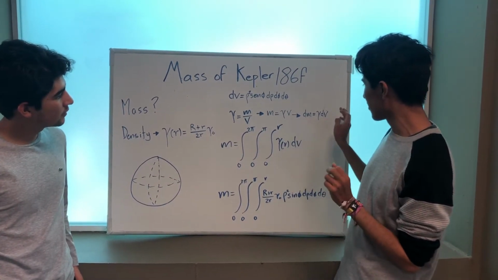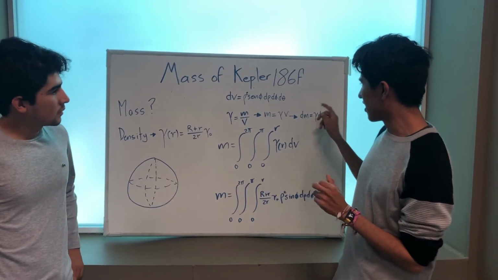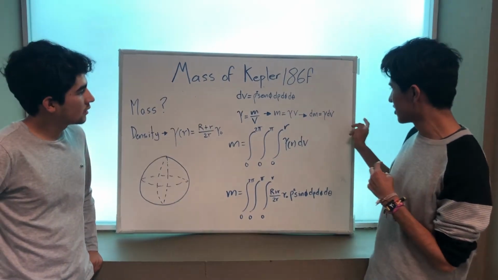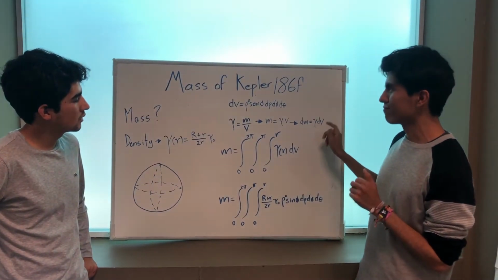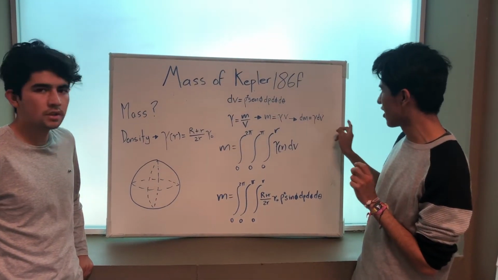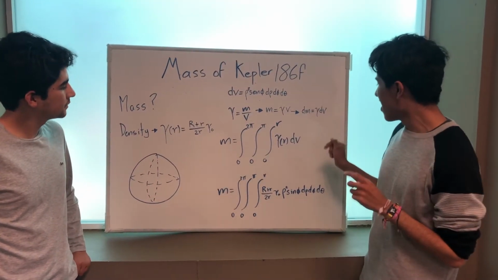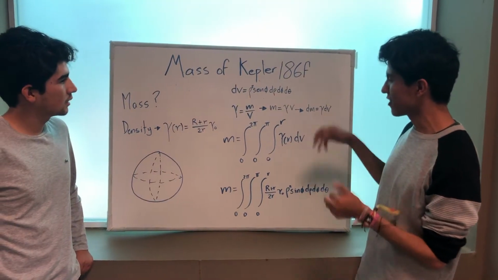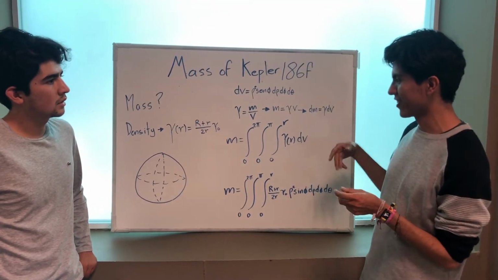In this way, we know that the differential of mass is density times the differential of volume. In this way, we plan the integral.